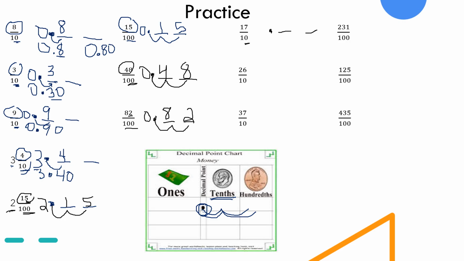Alright, I check my denominator, and there's 1 zero, okay? Which means I need to move how many places? Just 1. Now, again, I have more than 1 digit in my numerator. So I'm trying to place the last digit in the number where I said it should be. So my 7 needs to be 1 place from the decimal point.